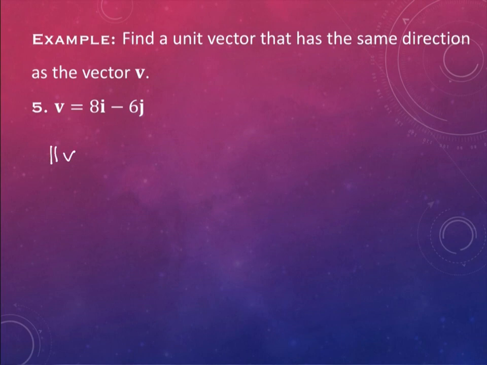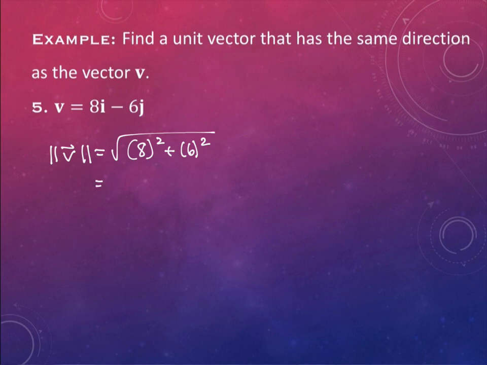So the magnitude of vector v is going to be taking the square root of each of the components squared. Now, if you really want to write -6 squared in there, feel free, but remember, we're squaring things, so we can ignore the negatives because squares eliminate them.